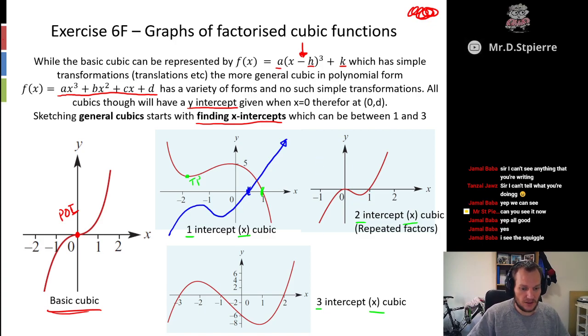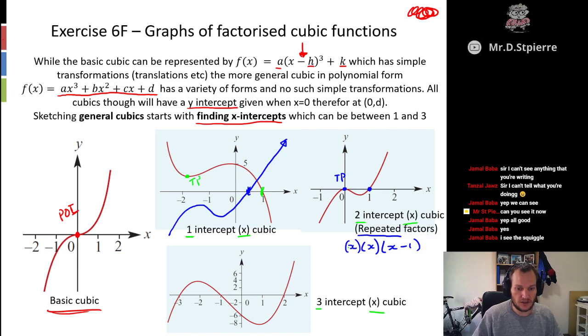The second type is a graph that has two x-intercepts, where one of them is a turning point and the other is a proper through intercept. When we have this two-intercept version, it's also sometimes called a repeated factor. If we factorize this, this turning point would look like x minus 1 squared.